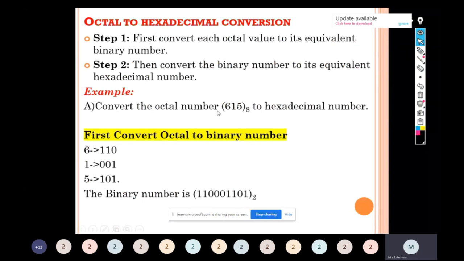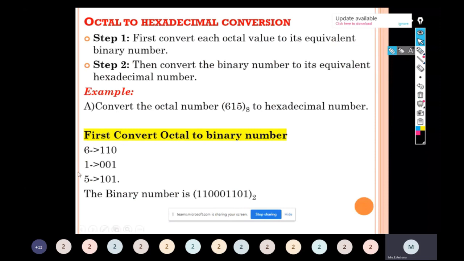Convert the octal number 615 to the base 8 to hexadecimal number. So first convert this octal number to binary number. To convert octal to binary, we have to write the corresponding 421 code. With the help of 421 code, we can write this binary number for 615. So the binary number for 6 will be 110.